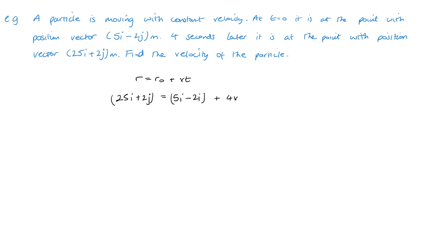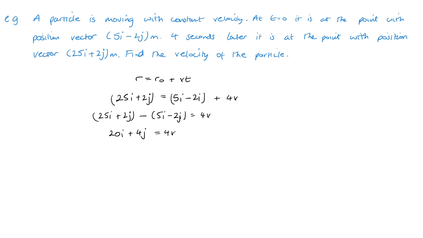So that means we're doing 25i plus 2j minus 5i minus 2j. 25i minus 5i is 20i, and 2j minus minus 2j is plus 4j.